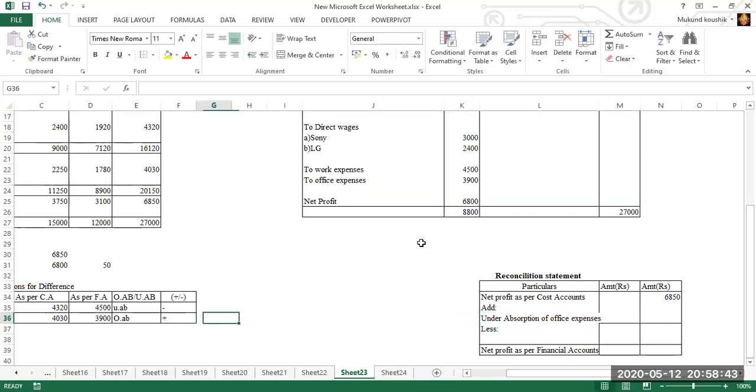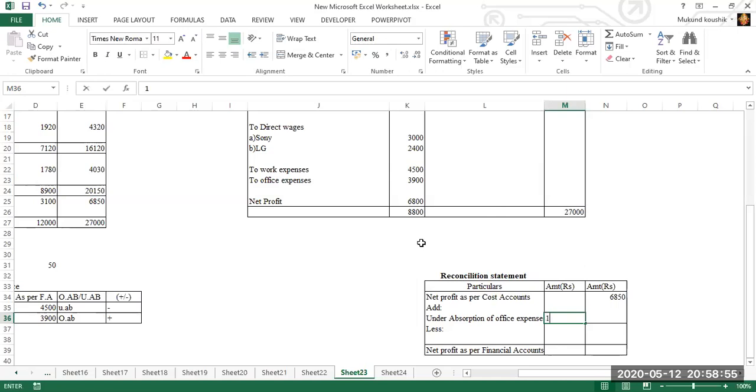How much is it? The difference between these two, 4,030 minus 3,900. How much is the difference? 130. Since there is only one item, the outer column will be the same. So net profit as per cost accounting, 6,850 plus 130, we got 6,980.